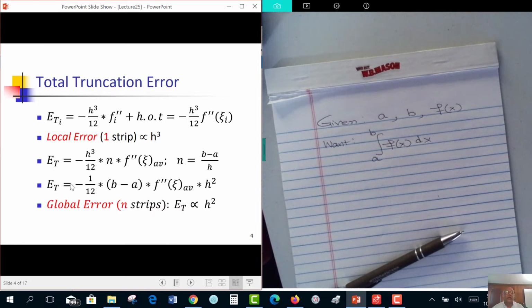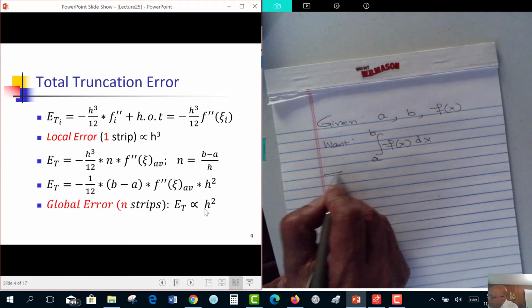So our total truncation error becomes minus 1 over 12 times b minus a times the second derivative at some zeta average value, which is between a and b, times h square. This total error is called the global error for n strips, and it is proportional to h square.